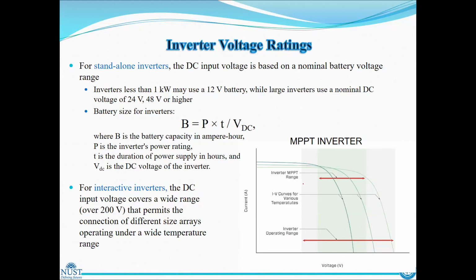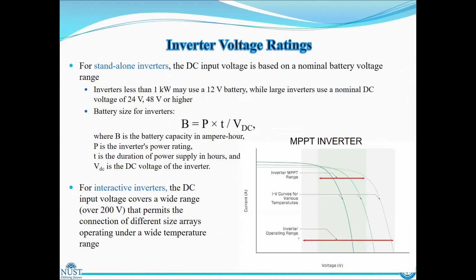So if we want to get maximum output from this inverter, the input parameters should be aligned with this MPPT range. But for critical seasons or times of the day, the wider range of this inverter is operating range.